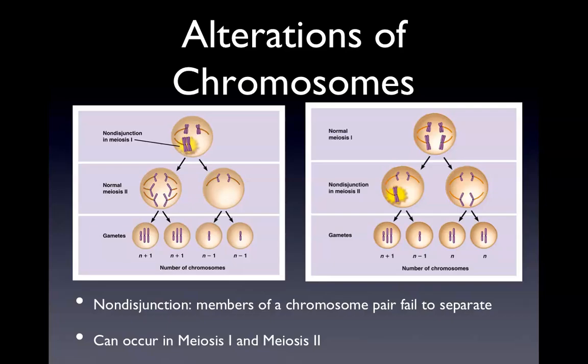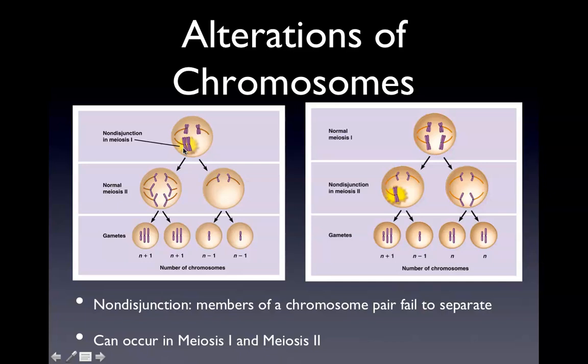Non-disjunction happens during meiosis, and it can happen in meiosis 1 or meiosis 2 when we go through anaphase. What happens? The chromosomes sort of get sticky and they don't separate. So if we're talking about meiosis 1, rather than that homologous pair separating, that tetrad coming apart, and one homologous pair going this way, the other going this way, they stick together, they get stuck.